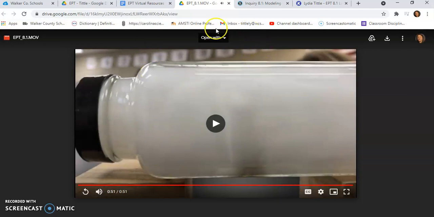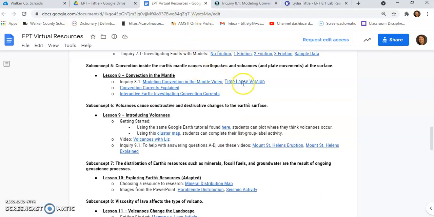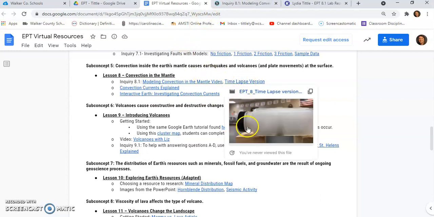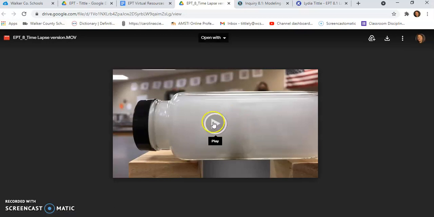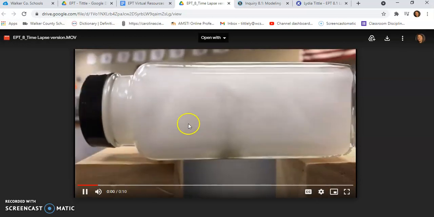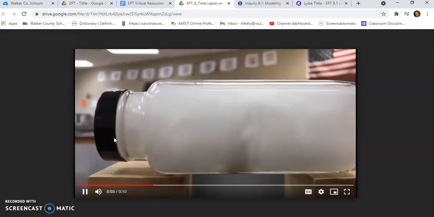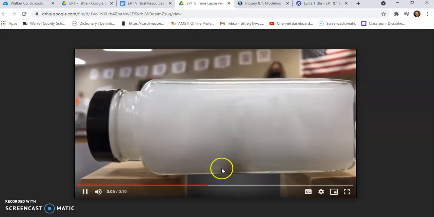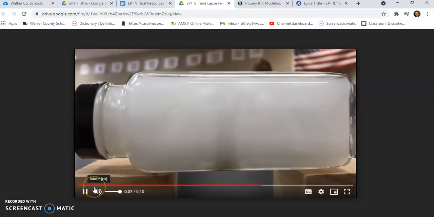All right, now we're going to watch that in a time-lapse version of it, so it's slower. Oh, actually, they speeded it up. I'm sorry. They speeded it up so you can see the movement really fast there.